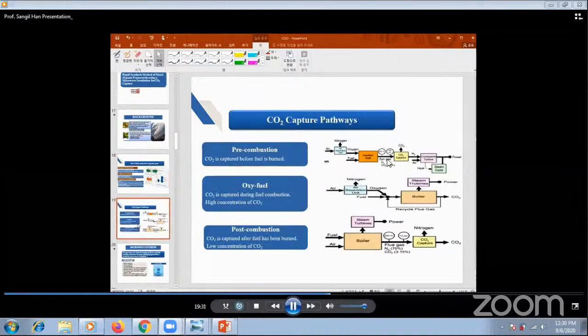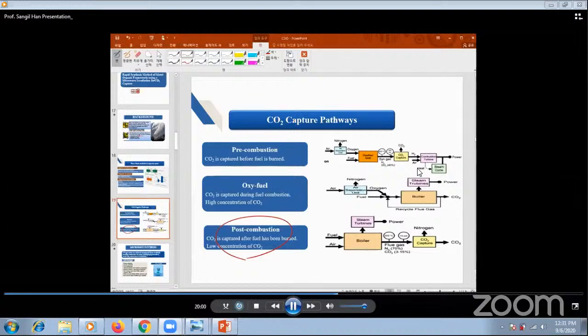So our target is post-combustion CO2 capture. The advantage of post-combustion CO2 capture compared to pre-combustion and oxy-fuel is that it can be used for the current power generation system without any large modifications.